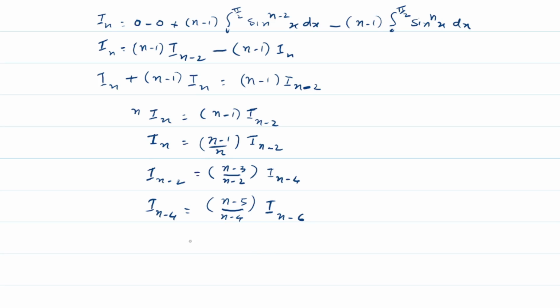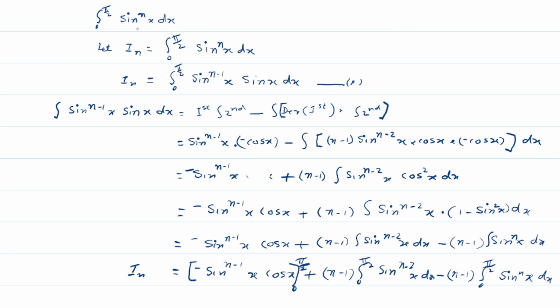So we have got like this. We will derive the last terms. The last terms we will see here, where n is greater than or equal to 2. So n can be 2, 3, 4, 5, 6, 7, 8, 9, 10, etc. So here 2 is even, 4 is even, 6 is even, 8 is even, and 3 is odd, 5 is odd, 7 is odd, 9 is odd.